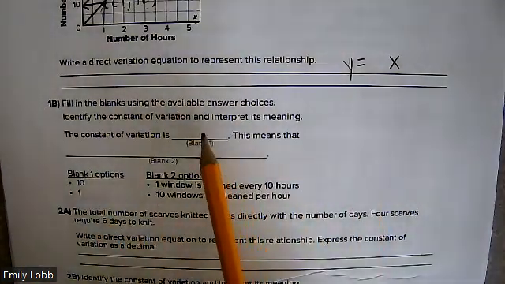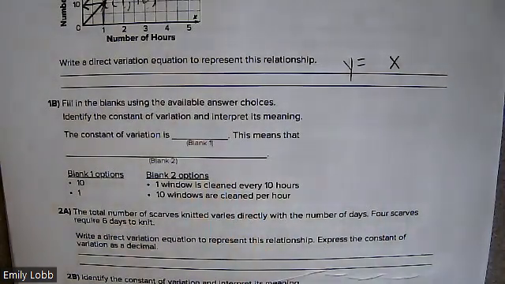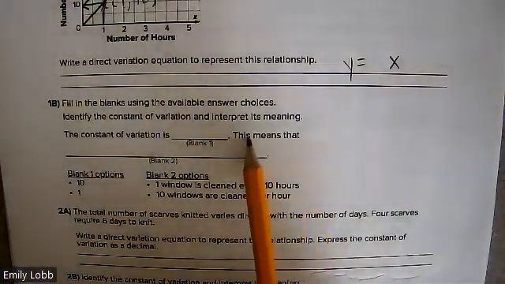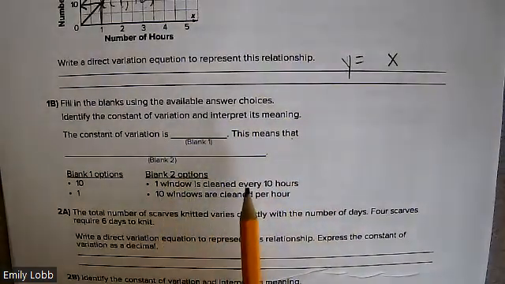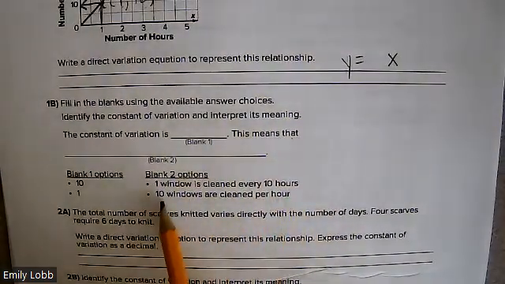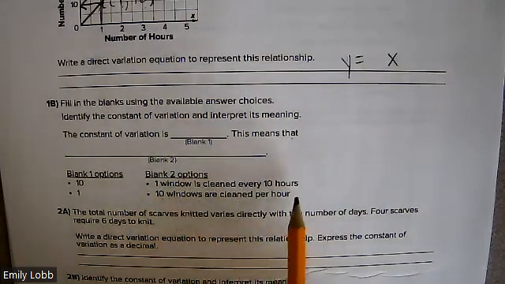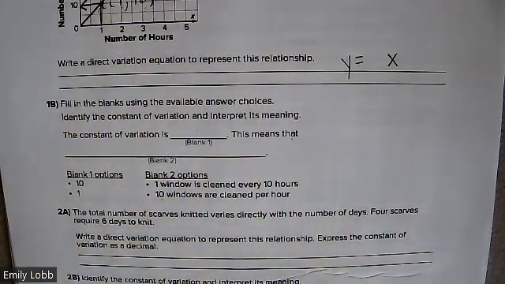Put whatever you wrote for m here. And now we're interpreting. This means that either 1 window is cleaned every 10 hours or 10 windows are cleaned per hour. You choose. Write one of those in blank 2.